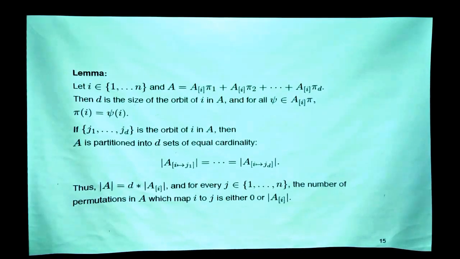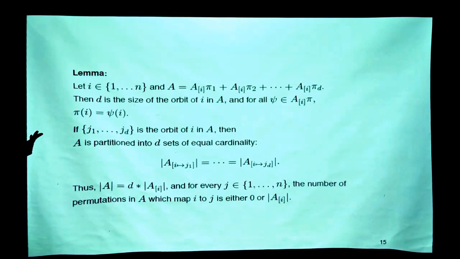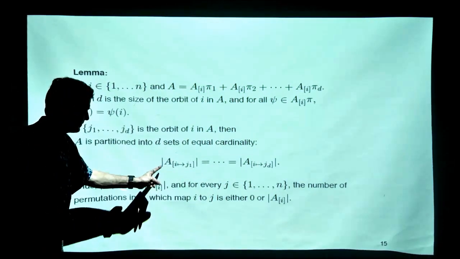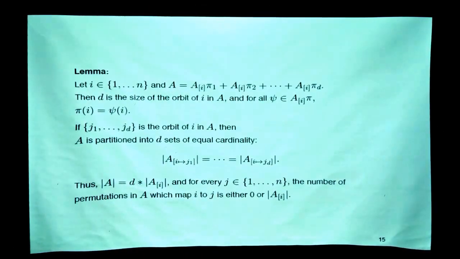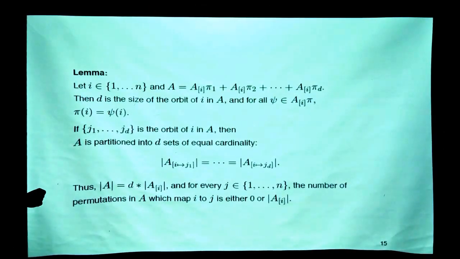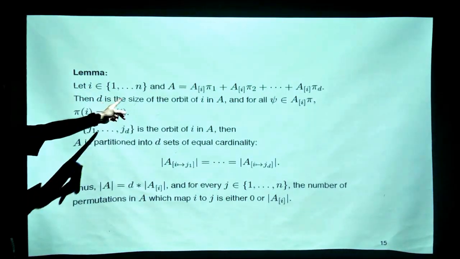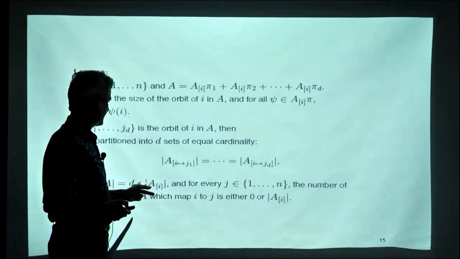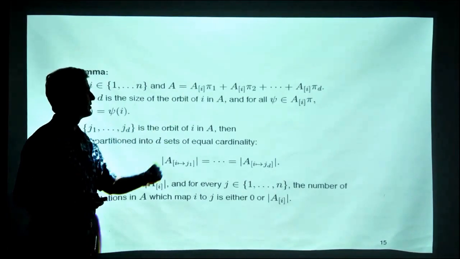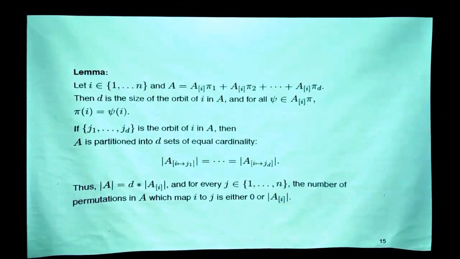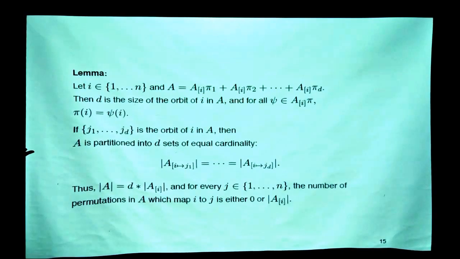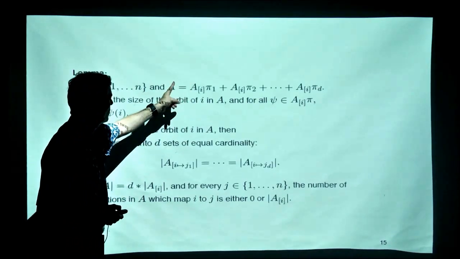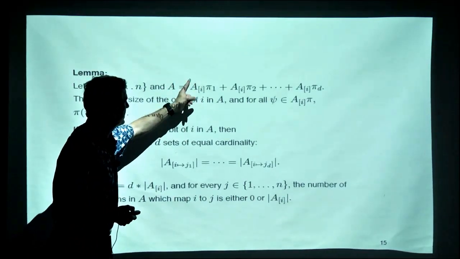And from what I said before, the sizes of these subgroups are the same. And therefore, the size of A is D times the size of the orbit here, D times the size of this subgroup. So it shows that if we knew the size of the orbit, we reduce computing the size of A to computing the size of A_I.